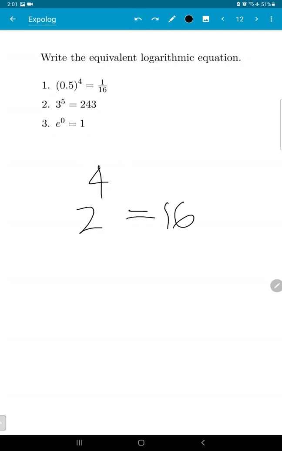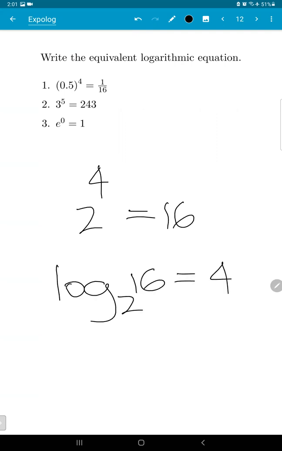So we denote that by this notation, logarithm of 16 to base 2 equals 4. And again, this means the exponent to which I should raise the base 2 to get 16. So they are inverse processes, logarithms and exponentials.